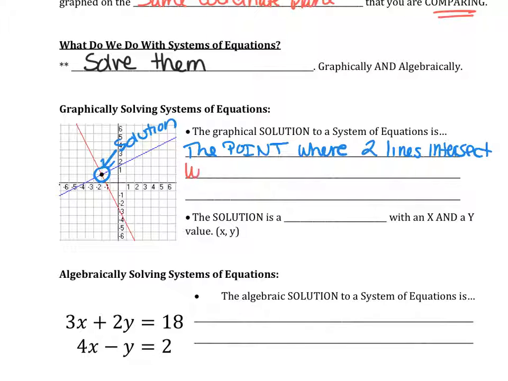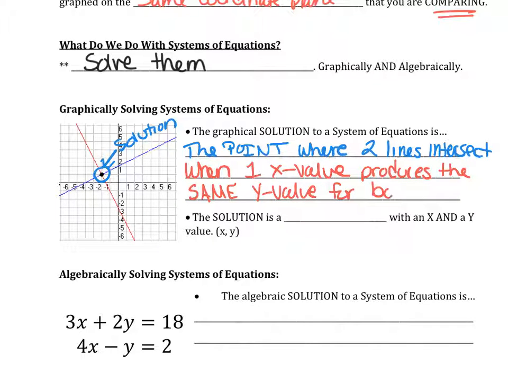It's also when one x value produces the same y value for both lines. So in this case, that solution, that point (-2, 1), is a point on both of those lines.